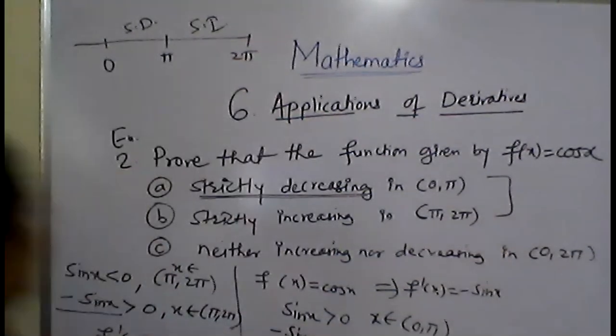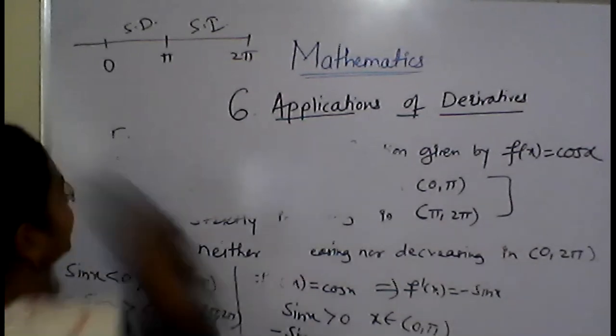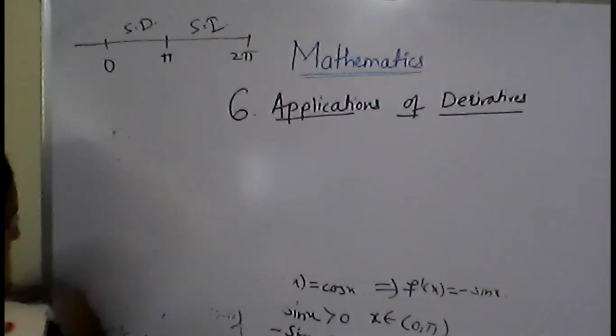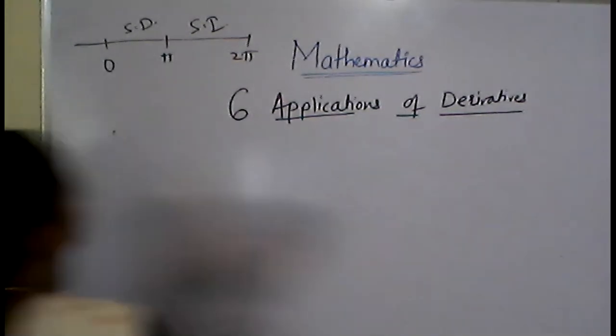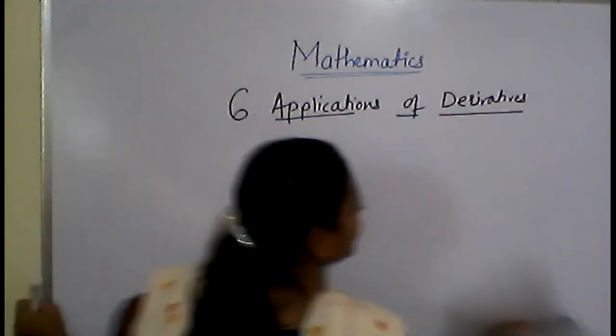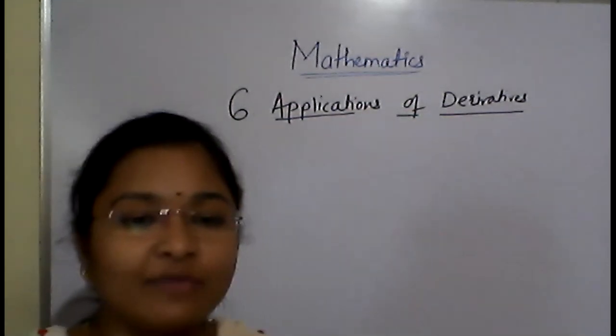Okay, so here we take the last example. Students, you can easily prove the function is increasing, decreasing, strictly increasing, strictly decreasing on the given interval. Now student, if the function is increasing, we have to find the interval.